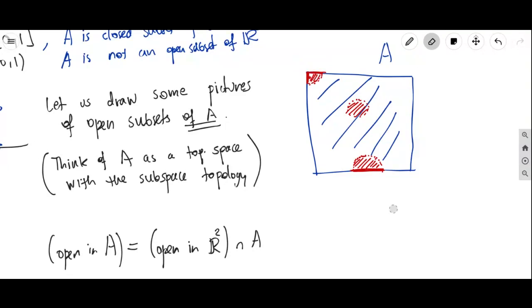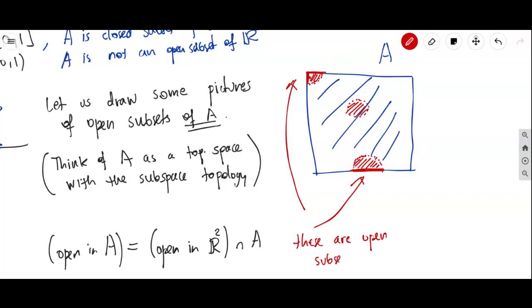So this is also an open subset of A. This is not an open subset of R2. So let's just indicate this. So this and this, these are open subsets of A, but not open in R2.